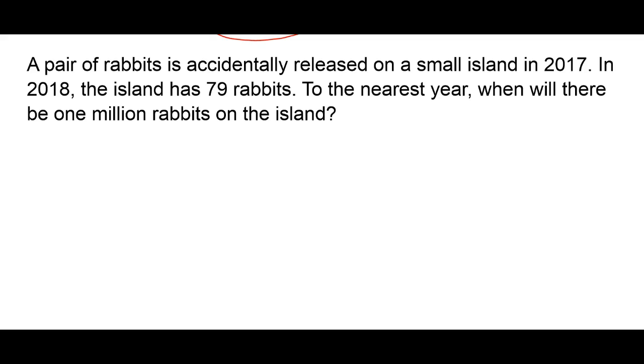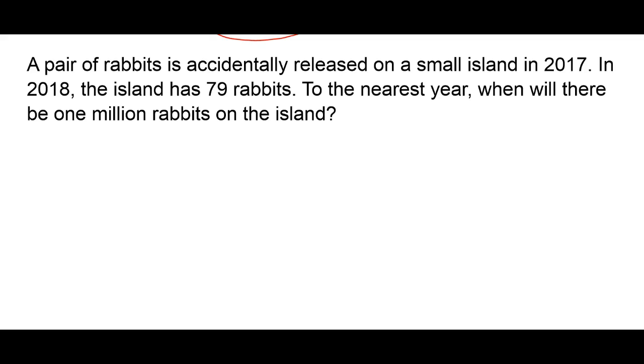Guess what? In case you weren't aware, rabbits breed like, well, rabbits. They breed very rapidly. And we're going to try to figure out how long it's going to take until there are 1 million rabbits on the island. Seems like it would be a long time since there's so few right now. It's probably a pretty deserted island and you can't even see all those rabbits, but when there's 1 million, there's going to be a bunch.